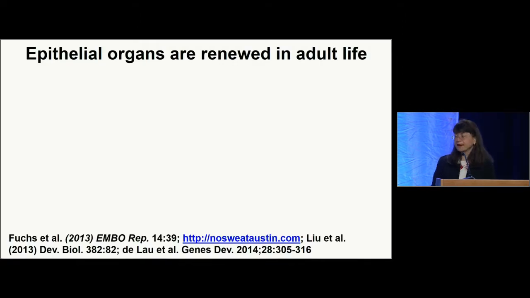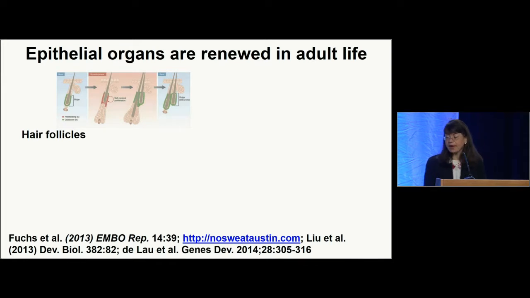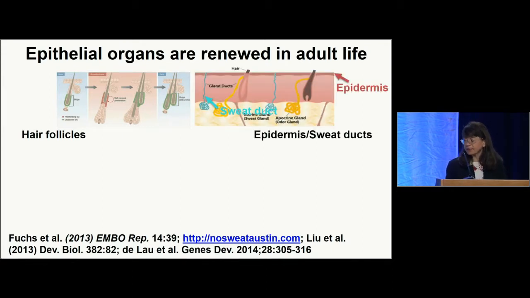So during adult life, epithelial organs are renewed. As we all know, hair follicles go through cycles of rest, growth, regression, rest, and regrowth. And most of our other epithelia, such as the epidermis and the sweat gland ducts, turn over continuously.